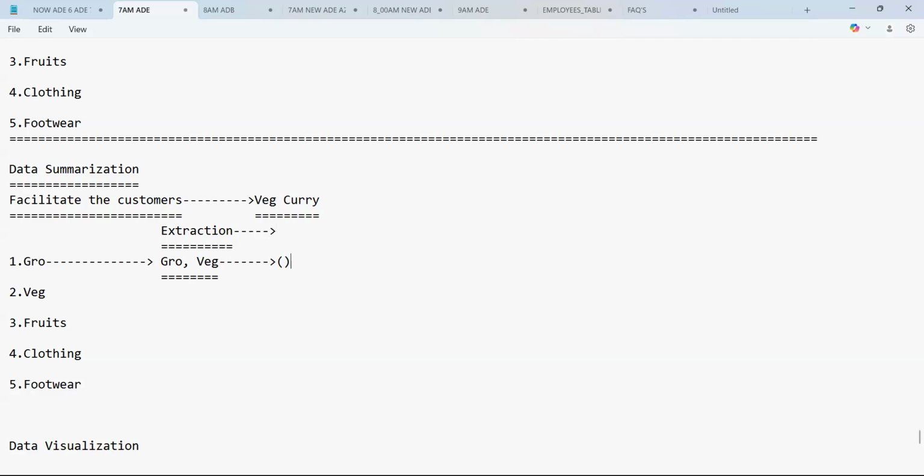Now after getting them home, will you start eating them in the raw form? No. As humans, we need to cook the vegetables for eating purpose.